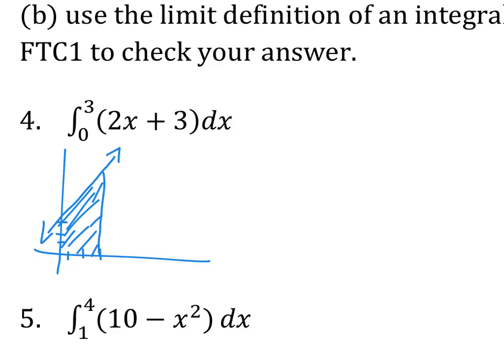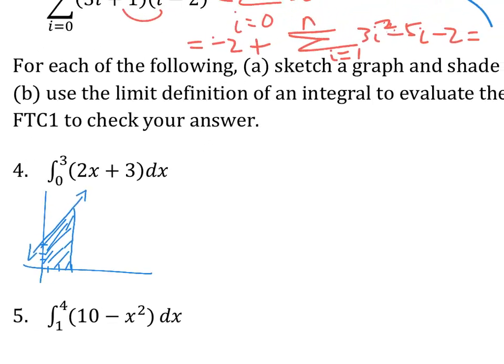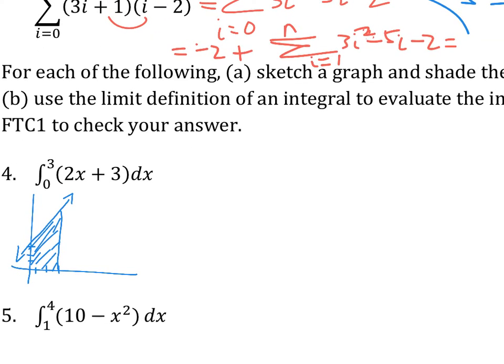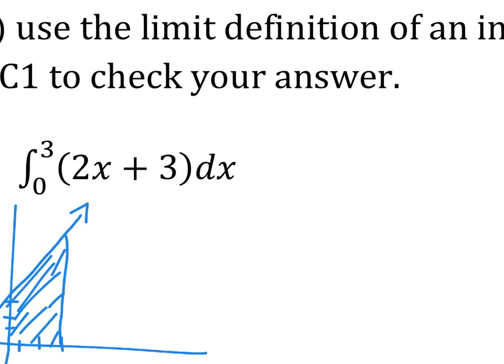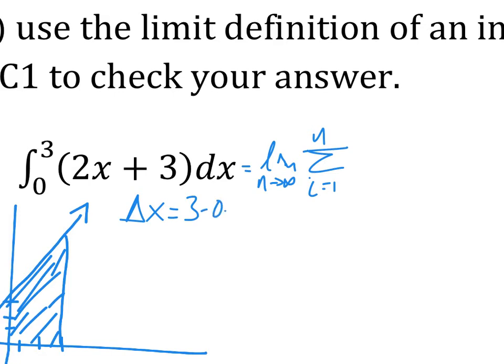And so the directions say to use the limit definition of the integral to evaluate, okay? So the limit definition, or the formal definition, is the limit as n goes to infinity of the sum from i equals 1 to n. All right, and our delta x is 3 minus 0, which is 3 over n.